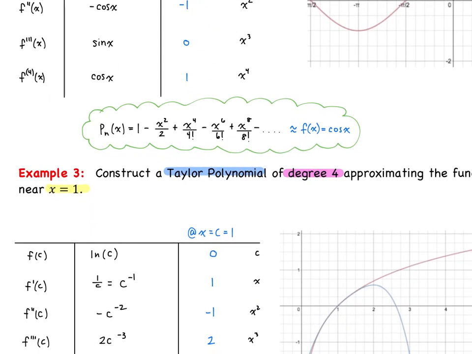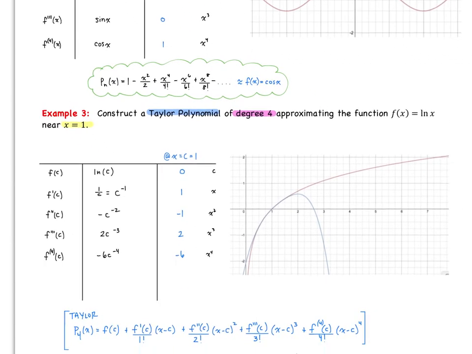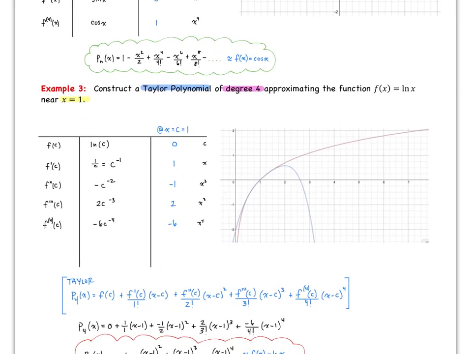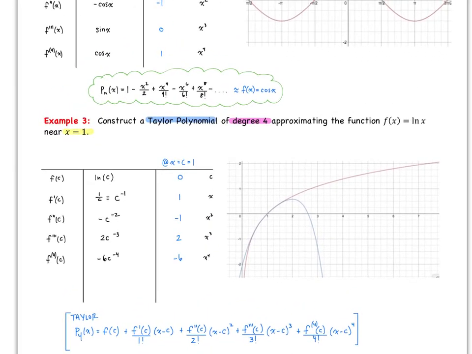All right, our next example, now we are going to construct a specific type of polynomial to approximate the function f of x equals ln of x. So they told us a Taylor polynomial of degree 4. So being a degree 4, that means that we want the fourth degree polynomial. Okay, that's what that's saying.